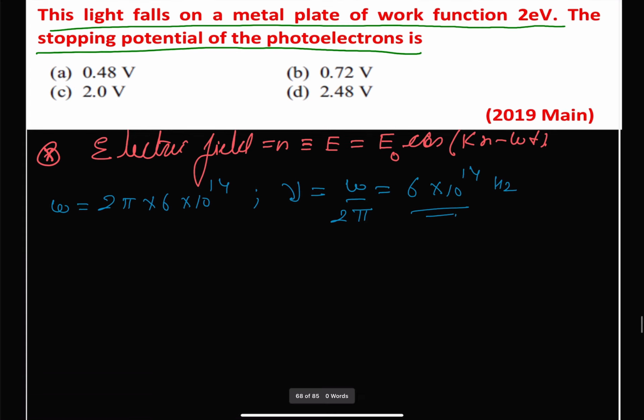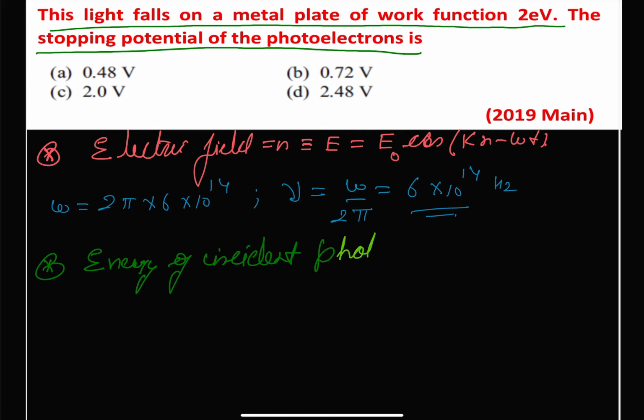Now we can find out the energy of the incident photon. Suppose that is E, equal to h multiplied by frequency, h nu.